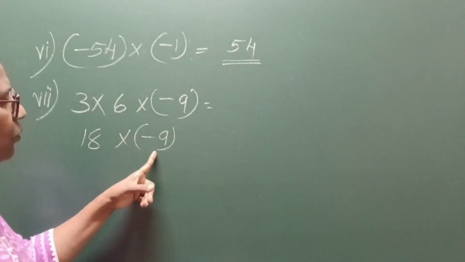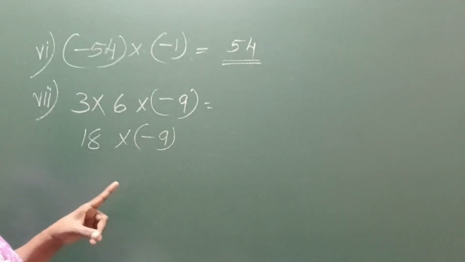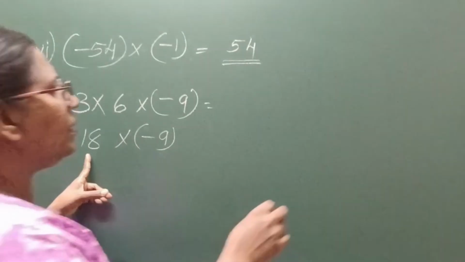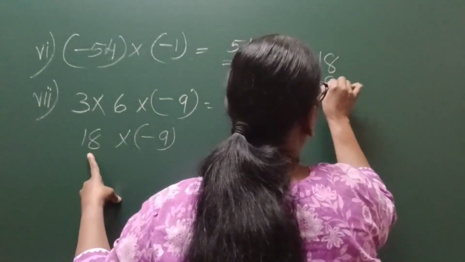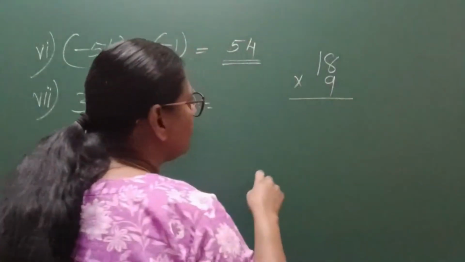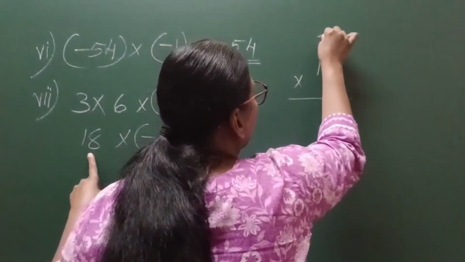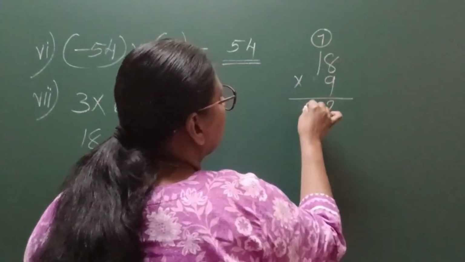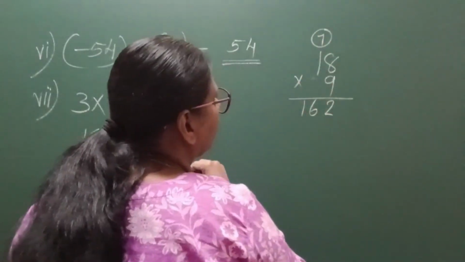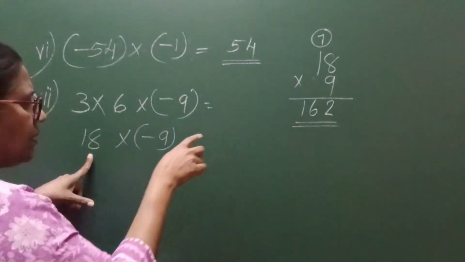We have to find the absolute value of minus 9, which is 9. So we multiply 18 by 9. 9 8s are 72. 9 1s are 9 plus 7, 16. So our answer is 162.